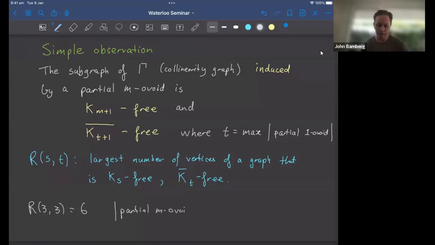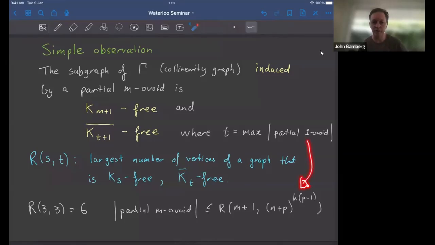then I know it's at most the Ramsey number R(m+1), but also we have a trivial, well, a folklore bound on the size of a partial 1-ovoid. n is the dimension of the vector space. And so there's a p-rank bound for the partial 1-ovoids, which gives us this. Okay, so I've just slotted that in there.